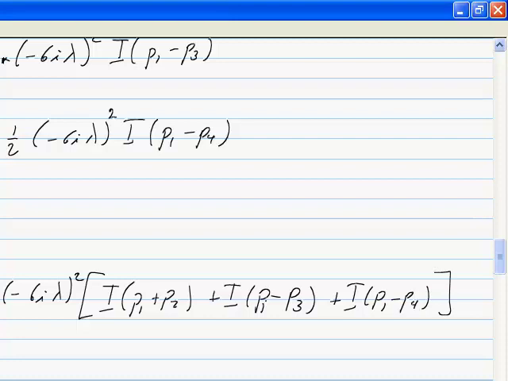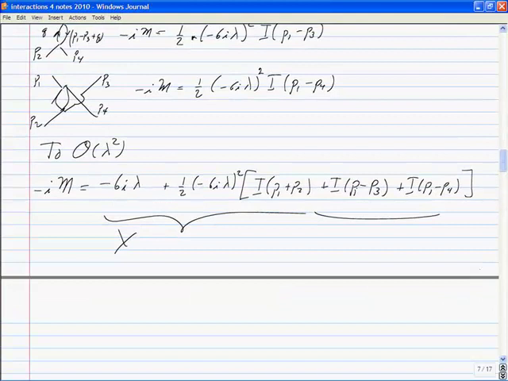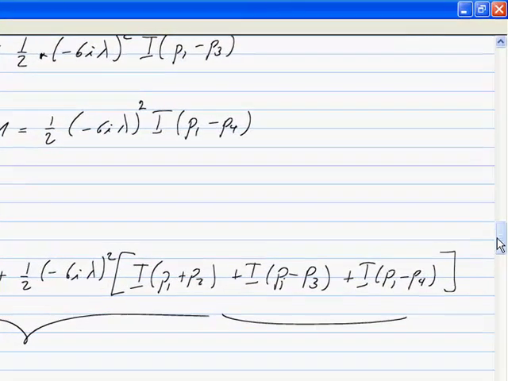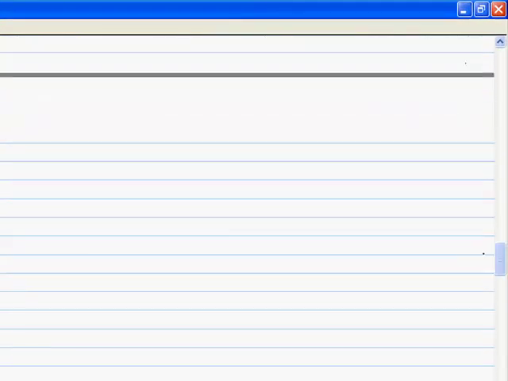Okay? And that's the relevant amplitude for the scattering. And it just summarizes the lowest order picture plus the ones that we did above. Okay. All right. So our future tasks involve evaluating that, but that's to come.